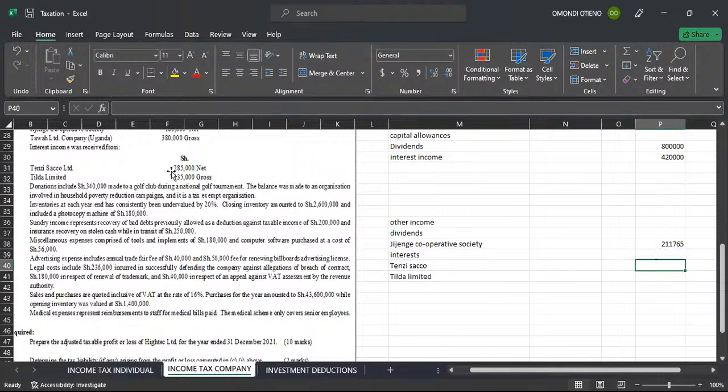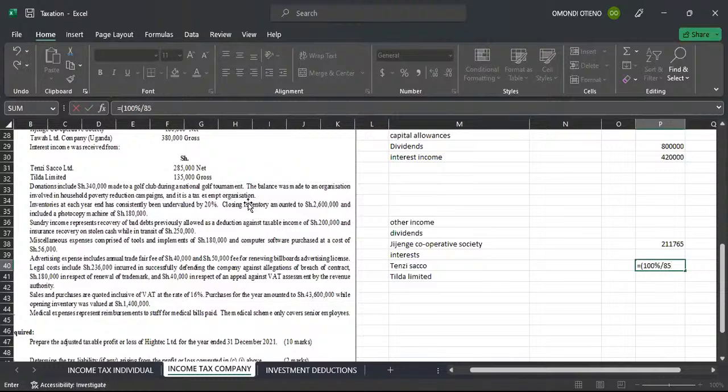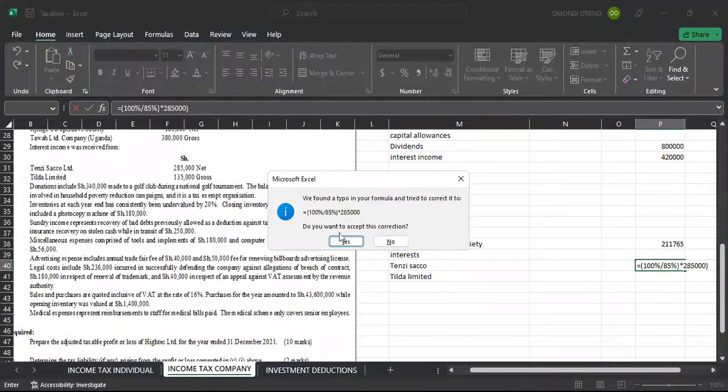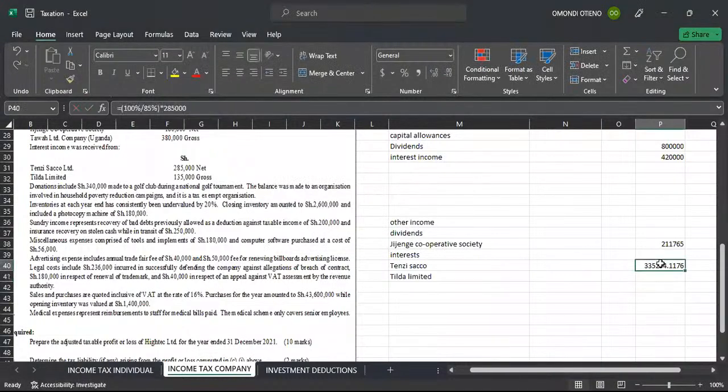The real value we will put, if 85% is equal to this, 100% will be how much? 335,294 is equal to 100% divided by 85%, then multiplied by 285,000. If you multiply, that's what we are getting.